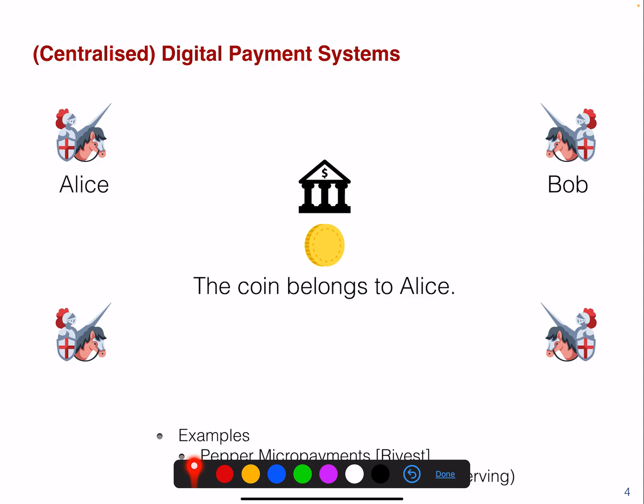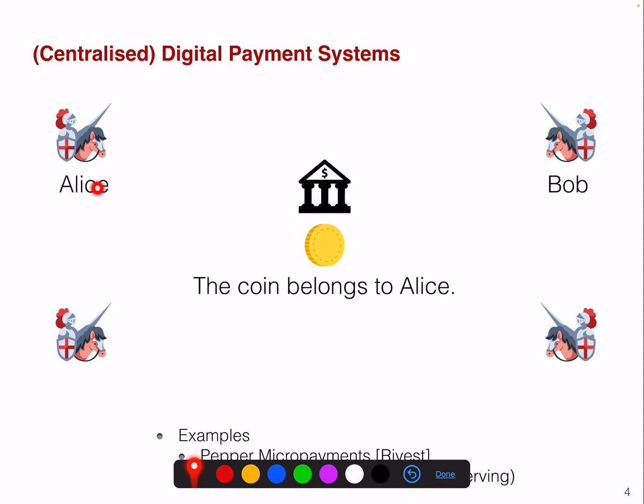If we look at centralized payment systems, we can rather trivially see that this is an easy problem. It's solvable because we know that this coin belongs to Alice because the bank says so. The bank is the ultimate truth, the ground truth about what is right and what is wrong.